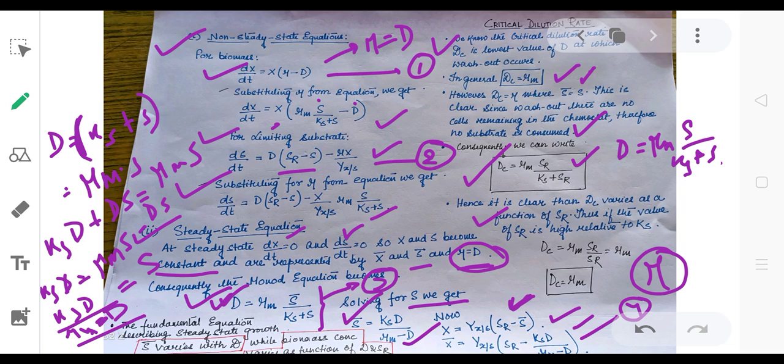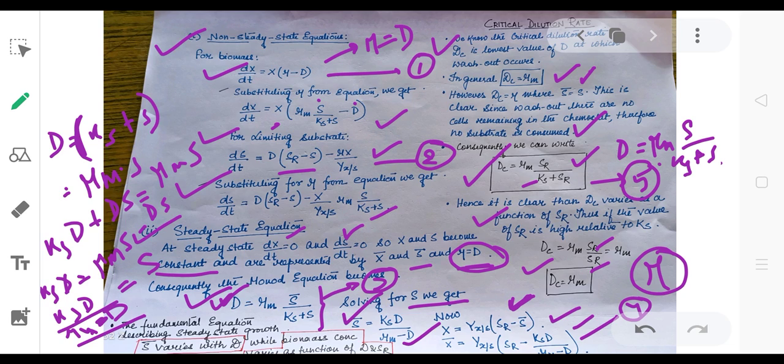Thus, if the value of SR is high relative to Ks, that means the amount of substrate in the seed tank is high relative to the Ks, what we do is that we neglect Ks. So this is another equation, say equation 5. So if you neglect Ks, because Ks is very, very less than SR, what is happening? DC is equal to mu m SR by SR. So Ks is removed, and SR will be cancelled. So what you get? You get DC is equal to mu m.